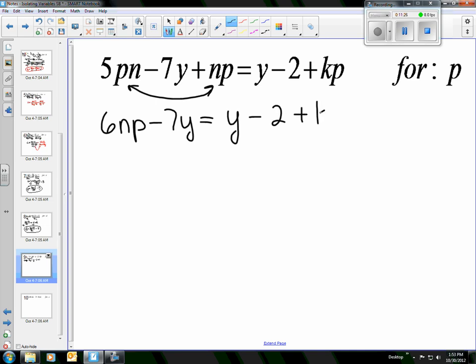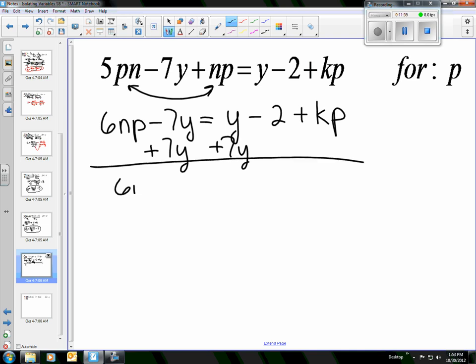And then I want to get the 7y, the negative 7y, away from those n's there. So I'm going to go ahead and add that 7y over. And that gives me 6np equals 8y minus 2 plus kp.